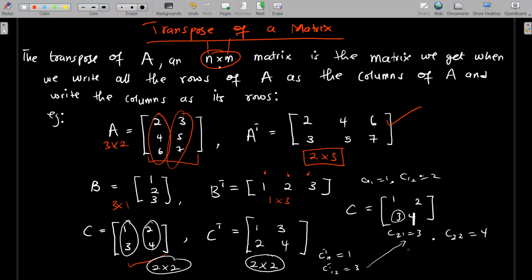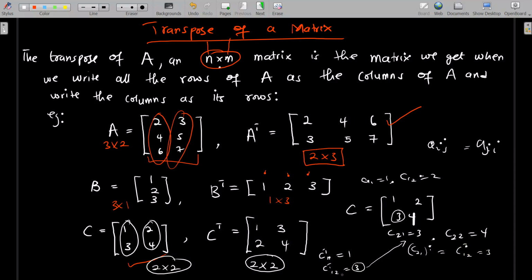What it means is that if you transpose a matrix and you had the entry Aij, then A transpose is going to have Aji, right? What this means was, when I had C21, right, and I transpose this, that gave me C12 in the transpose, and that gave me this, right, 3.